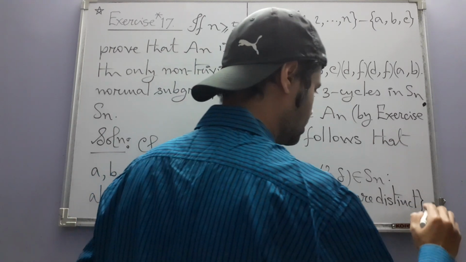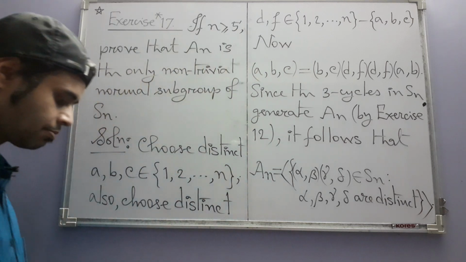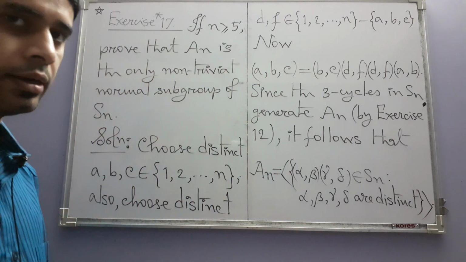The subgroup generated by this type of products is An.